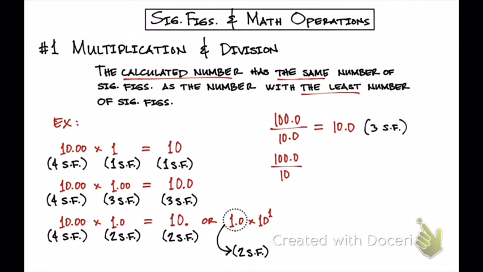Next one here, 100.0 divided by 10, you have 4 sig figs up top compared to 1 in the denominator, and so the final answer would only have 1 significant digit, which is 10. Another example here, we have 100.0 divided by 10.00. They both have 4 significant digits, and so the final answer should also contain 4 significant digits.